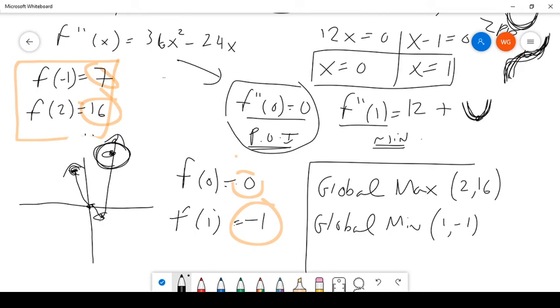The other endpoint, as we said, where x is equal to -1, producing a y value of 7, is insignificant because it is not the highest or lowest point. Now we're going to end off this video by just proving this fact on Desmos.